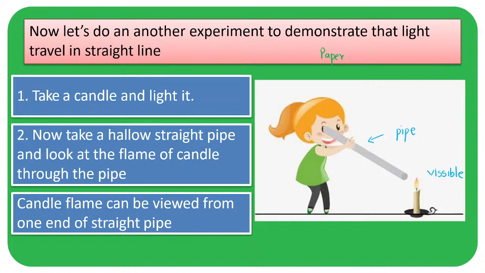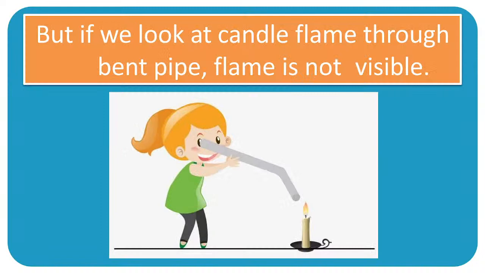Now, what are you going to do to that pipe? You will slightly bend the pipe like this. Since you have made a paper pipe, it is very easy to bend. Just slightly bend it. Now, is the object which you were seeing visible to you? Bend and see.